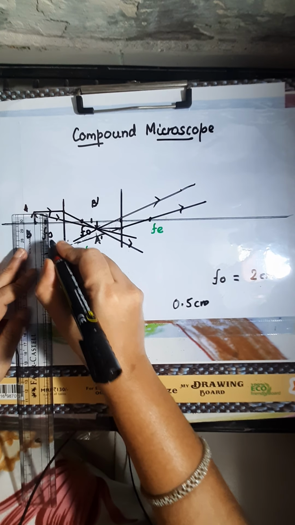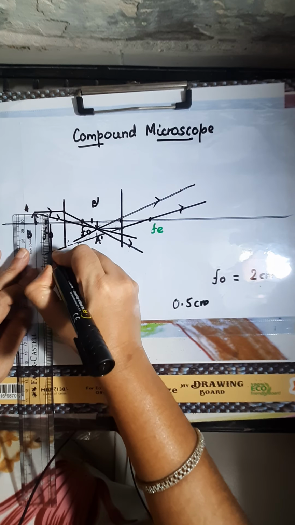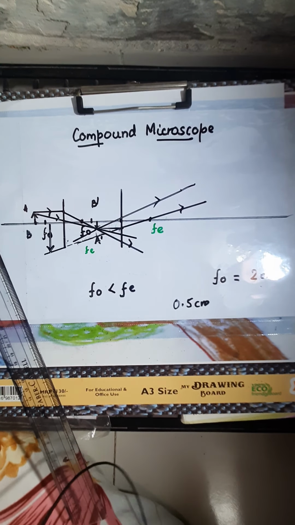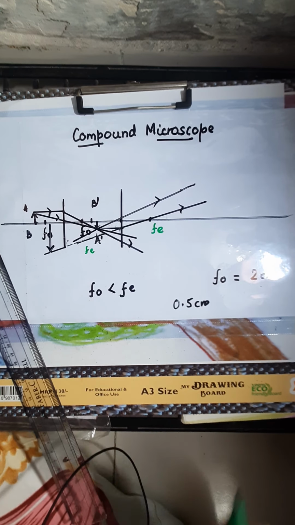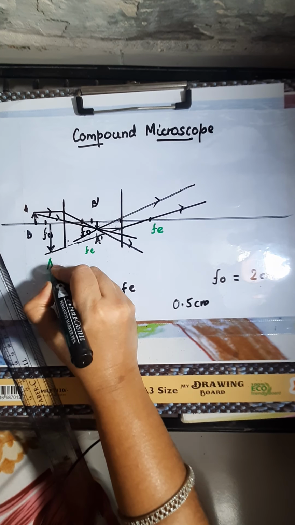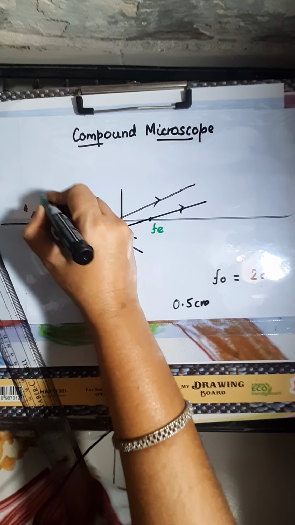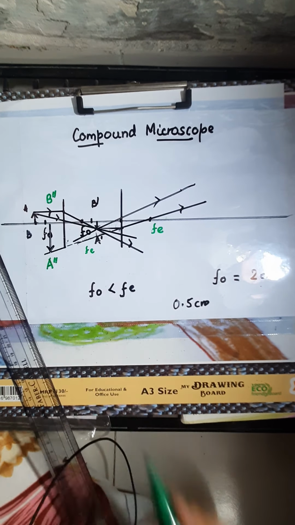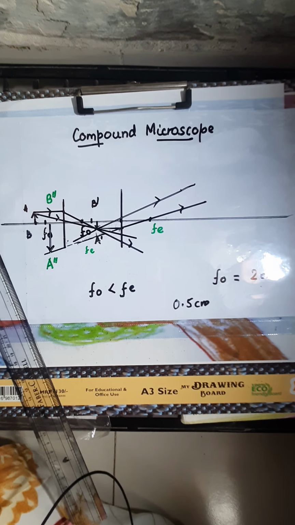So here I'm getting them meeting over here. This position is not so important, but we must know that we get an enlarged image which is inverted with respect to the original object, but with respect to A dash B dash it is not an inverted image.